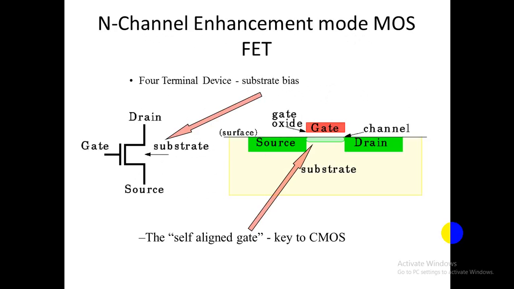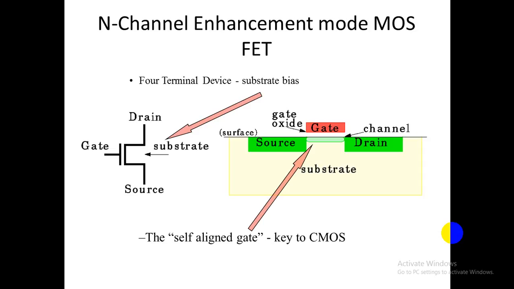Let us see the N channel enhancement mode MOSFET. This is basically a four terminal device, including the substrate bias. If you do not use the substrate, it becomes a three terminal device. In an enhancement type MOSFET, there isn't any channel formation at the beginning, so there is no current flow between the source and the drain.